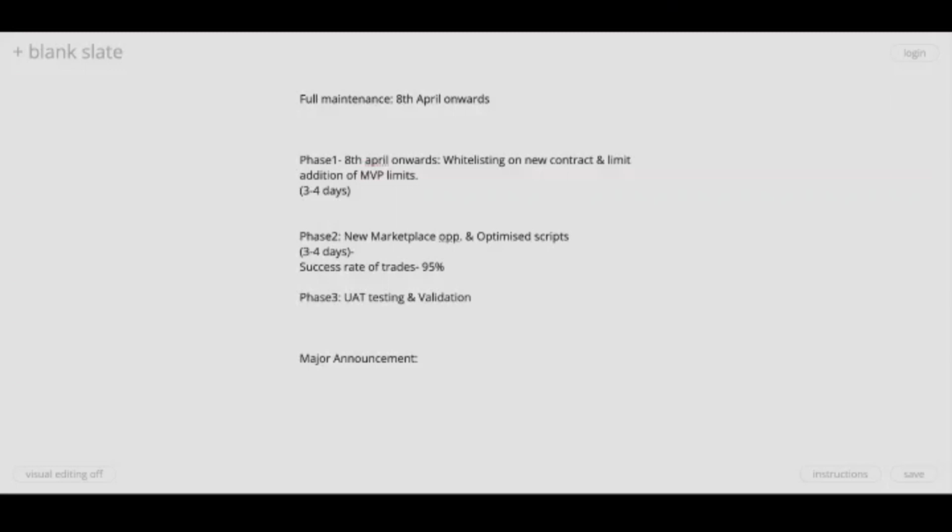Then the sales of licenses will begin after the rollout of the MVP, and users will have 200x limit and they will perform on their own merits. They will do all the trades. They will receive, let's say, someone made 2%, 1%, 3%, 100%, 200%, whatever they make, they make.